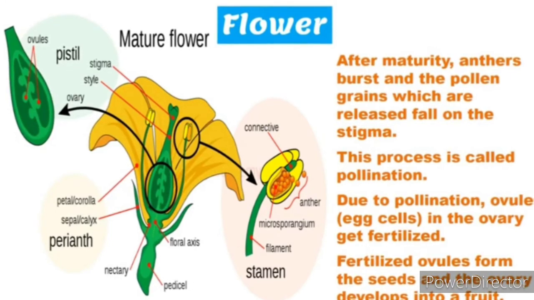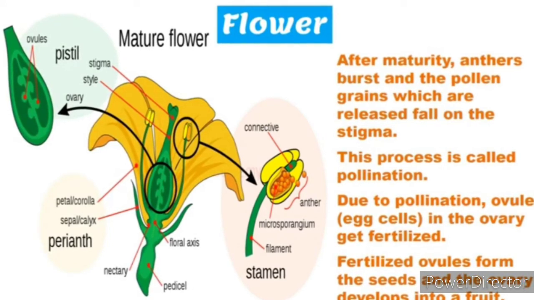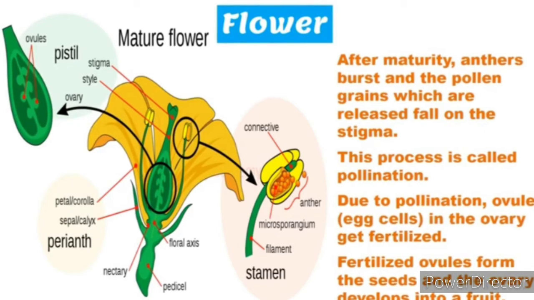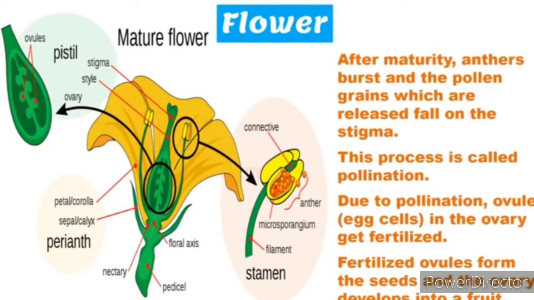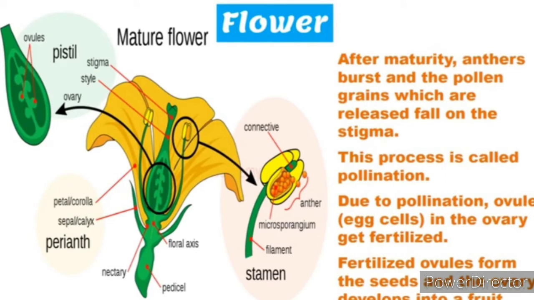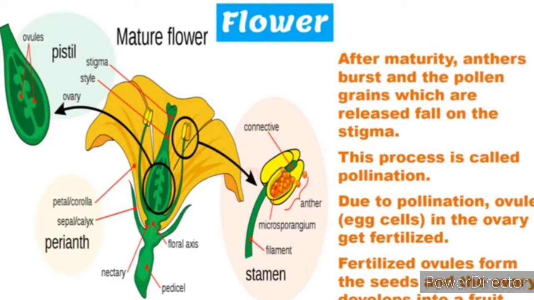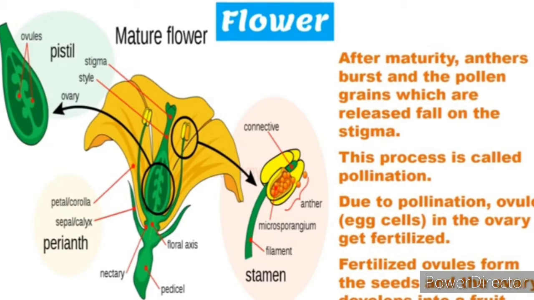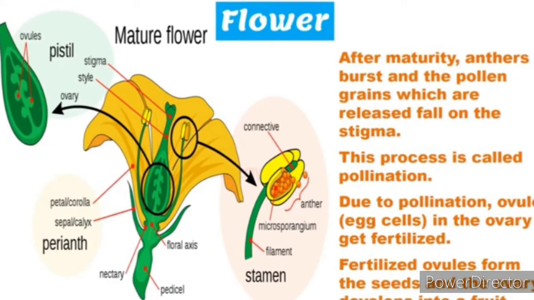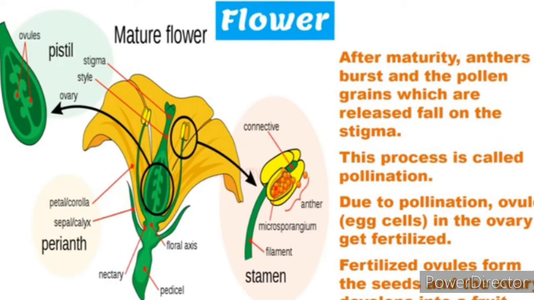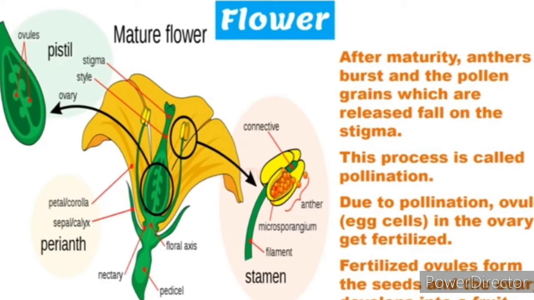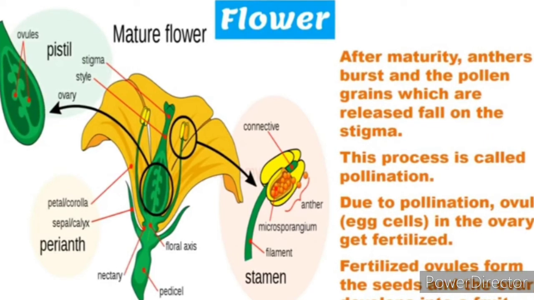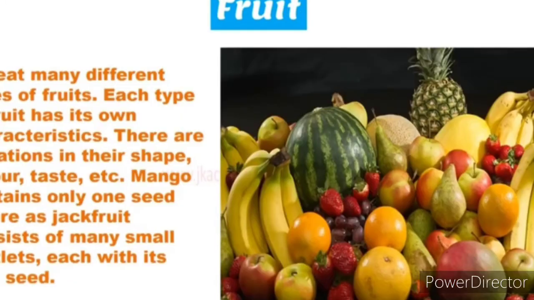Means after this pollination process, the flower is converted into the fruit. The mango tree also has blossom. The fruits which we eat were in the flower condition before, and then after pollination they become a fruit, small fruit to big fruit. Now next part, we have to see the fruits.